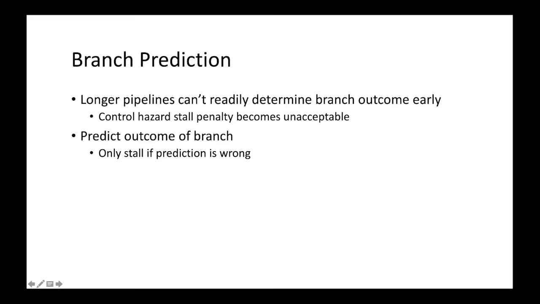If the prediction is not correct, then we throw the instructions, which could be multiple, away and fetch a new and correct instruction. The hardware stalls in this case, but as long as branch prediction accuracy is high, it minimizes the hardware stalls significantly.